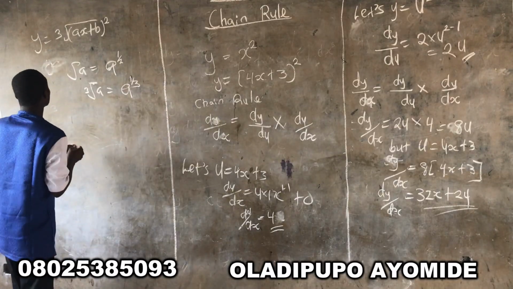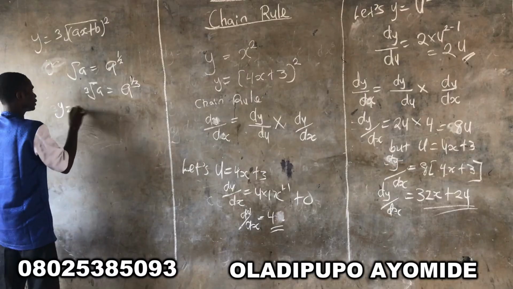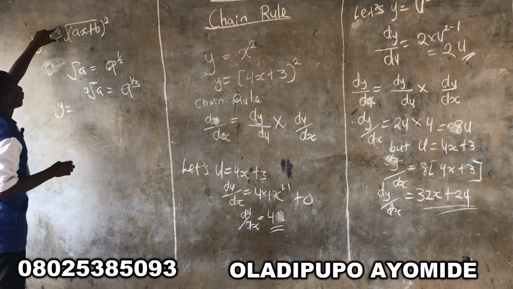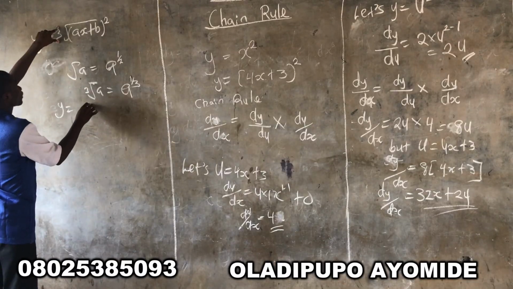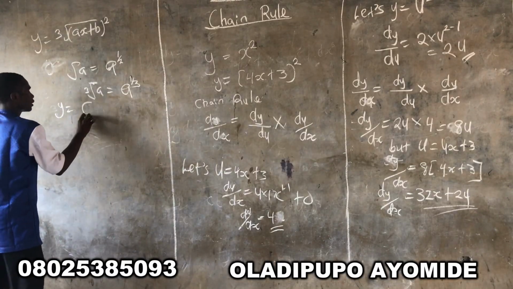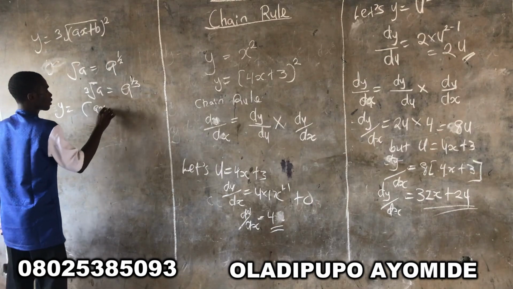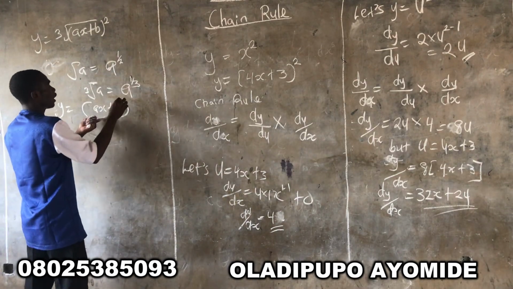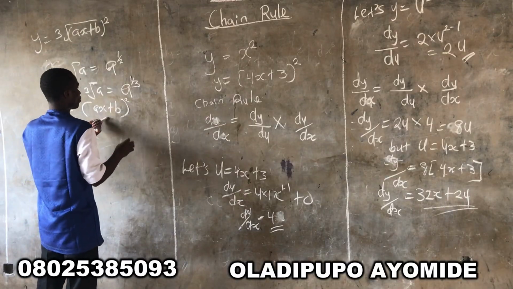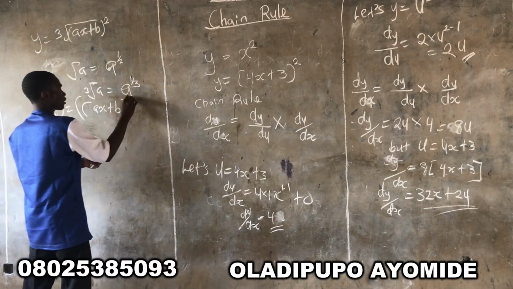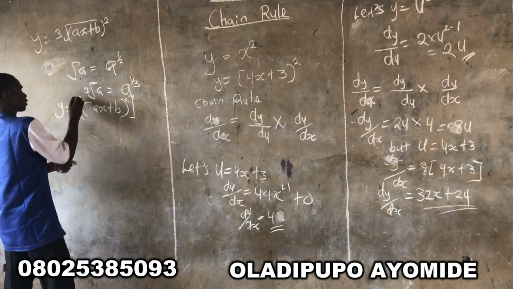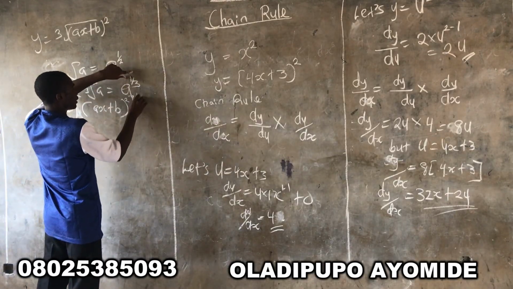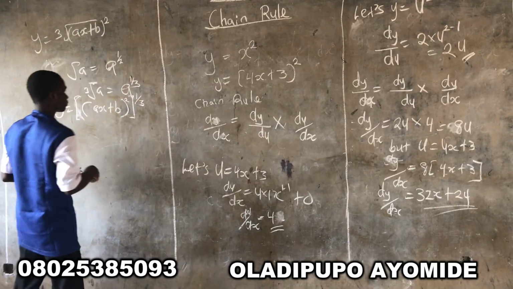So now we can say our y is equal to the bracket ax plus b, bracket, we have 2, bracket, 1 raised to power 3.